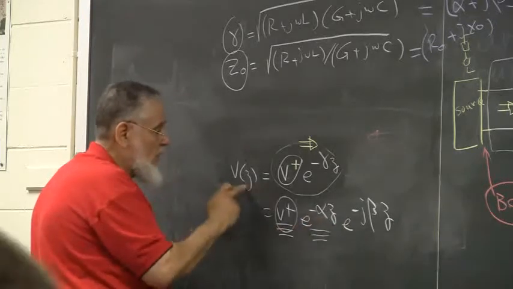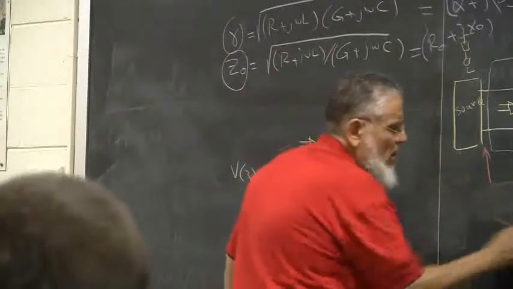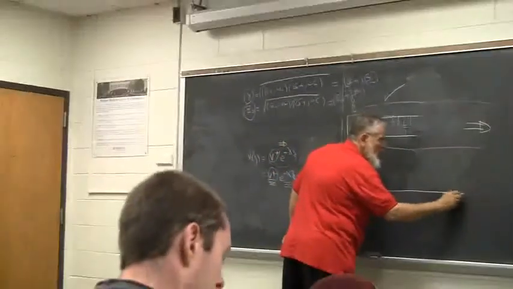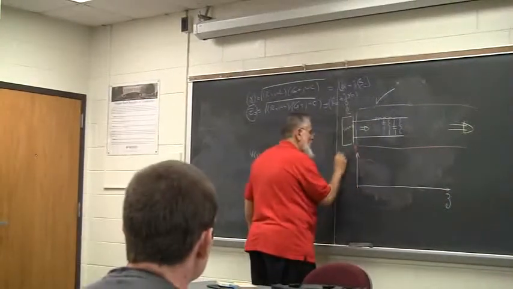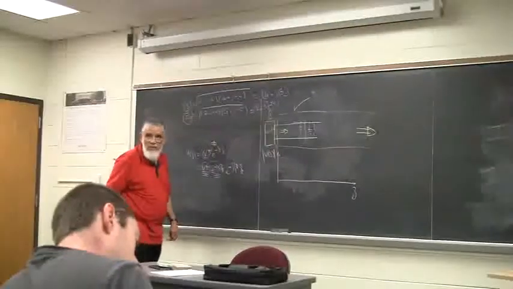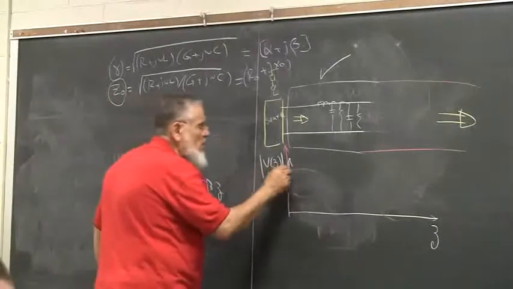So if I were to look at V of z down this line, magnitude, what do I see? I see a decaying factor.